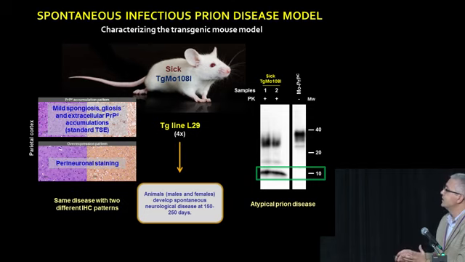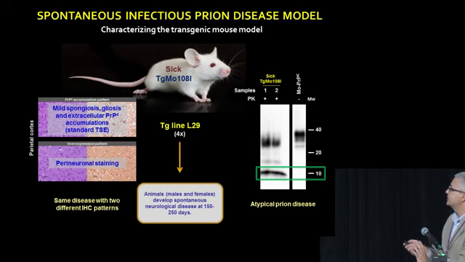Mild spongiosis, gliosis, and extracellular PrP deposition is a standard TSE. In other cases, we have just perineural staining, not a very clear standard TSE. But both of them show the typical or the atypical prion band after PK digestion, similar to what Joel has shown before. So we have recreated, in a different PrP from a different species, using the same polymorphism, a very similar disease.